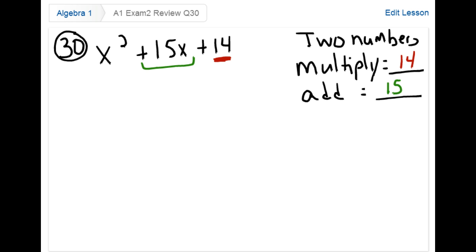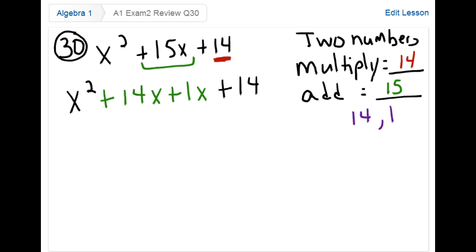Okay, so our two numbers are going to be 14 and 1, because 14 times 1 equals 14, and 14 plus 1 equals 15. So I leave the x squared alone, and then the middle term I write as 14x plus 1x. And then I leave the last term alone.